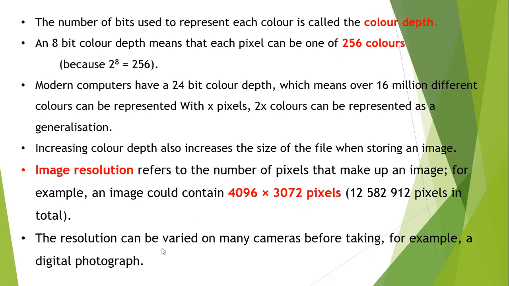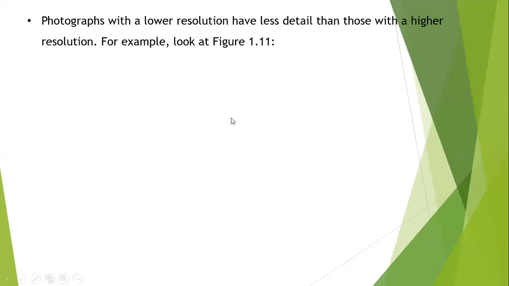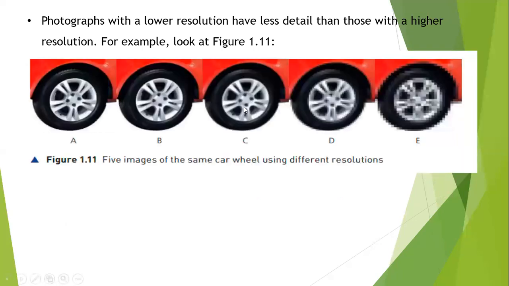Now the resolution can be varied on many cameras before taking, for example, a digital photograph. Photographs with a lower resolution have less detail than those with a higher resolution. For example, look at figure 1.1. Here you can see different color depths.